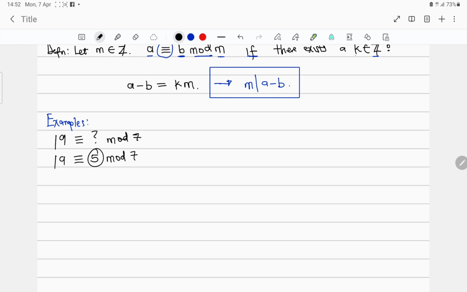You can consider another example where we have 2k plus 1 is congruent to what modulo 2. As you can see, 2k plus 1 is an odd number, and all odd numbers when they are divided by 2 leave a remainder of 1. So this one is congruent to 1 modulo 2.